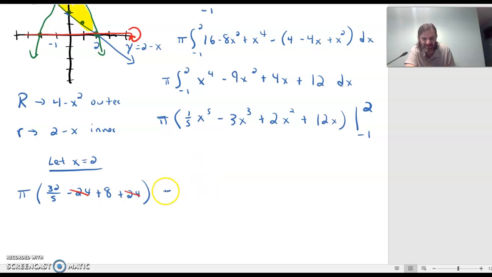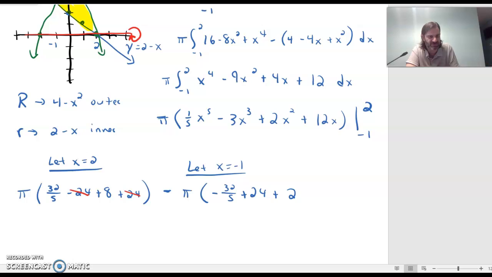But I also have to subtract off when I let x equal -1, and that's a place where I need to be careful. So I'll put the pi out front. So I'll have -32 fifths... Wait a minute, no. Let's go back. I'm plugging in -1. I was plugging in -2, my fault.